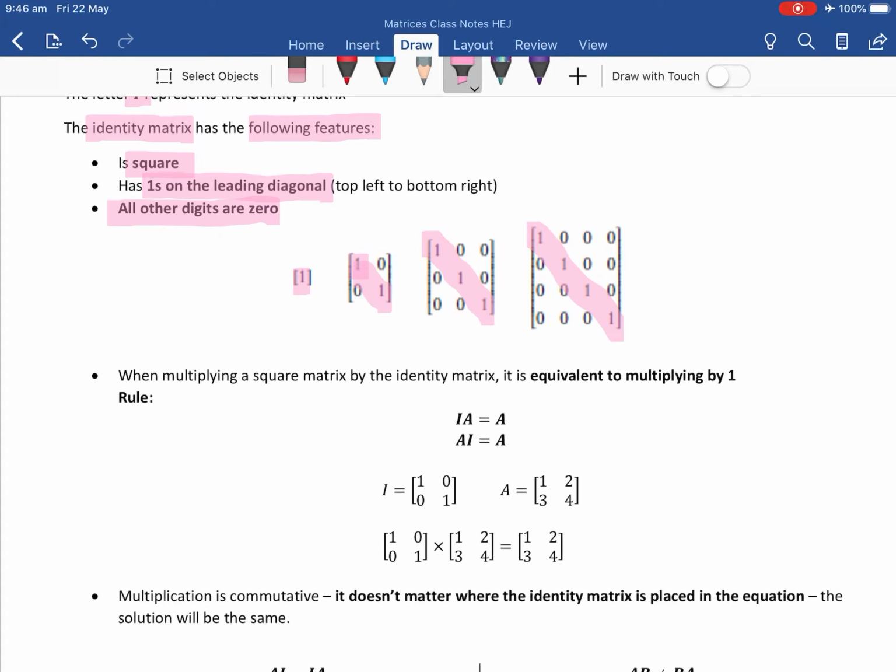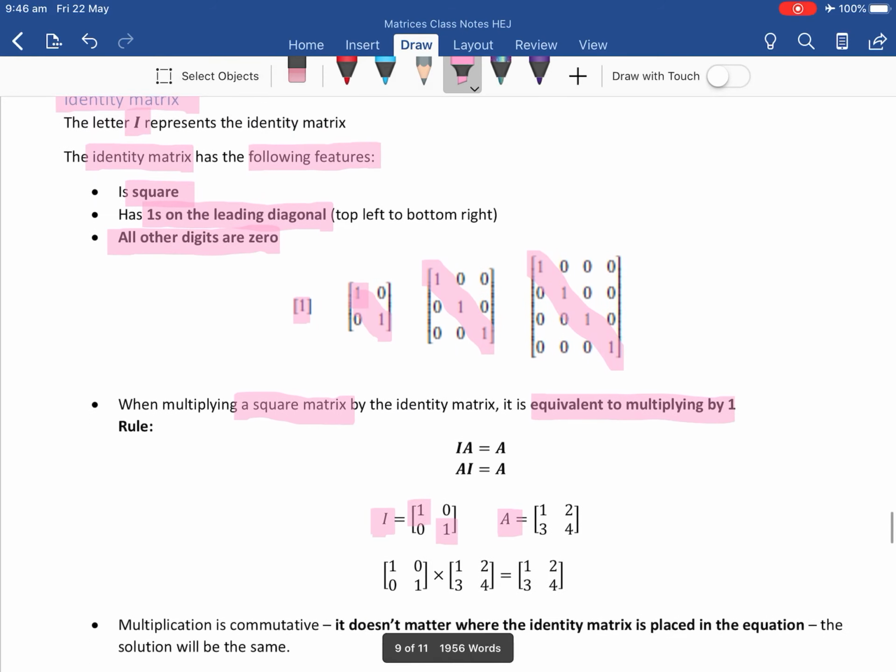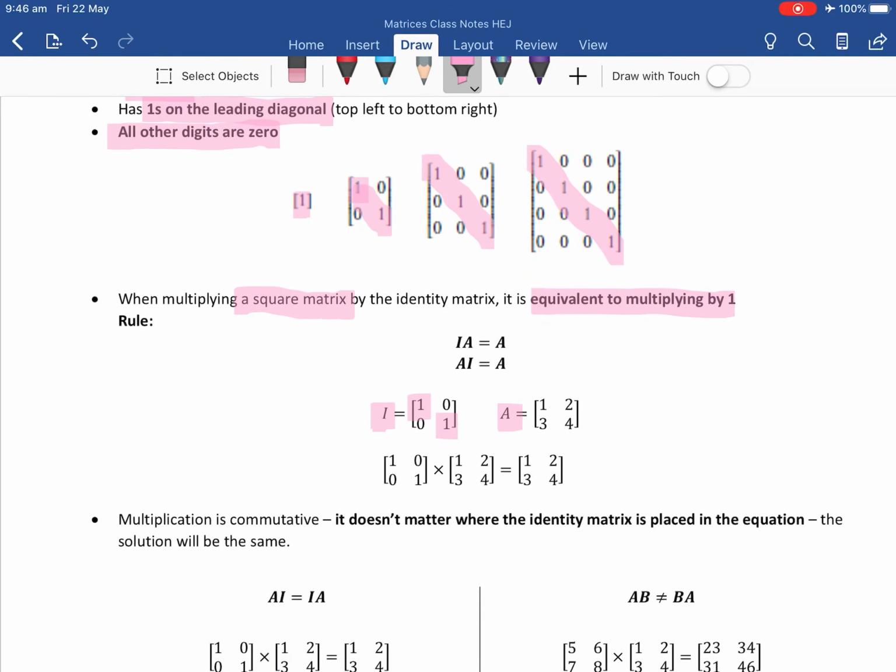Now, multiplying a square matrix by the identity matrix is equivalent to multiplying by 1. If you have any square matrix, so if you've got a 2 by 2, like this one, A, and you multiply it by the identity matrix, which will be this one, because you've got your ones going diagonally and the other numbers are 0, it's the same as multiplying a number by 1.